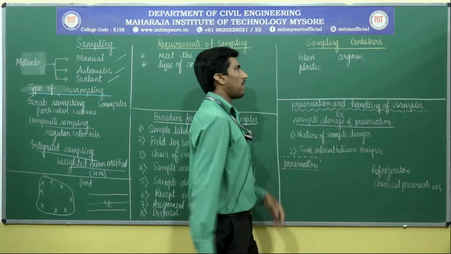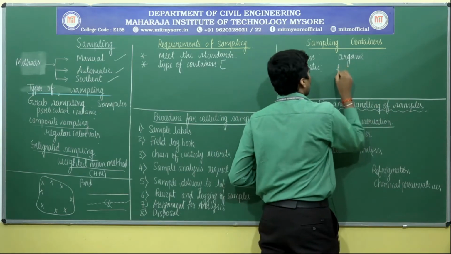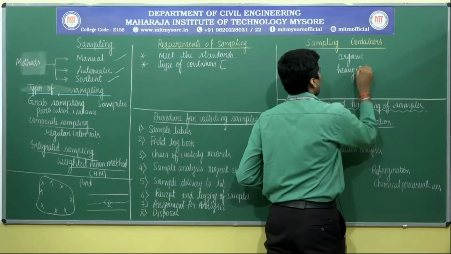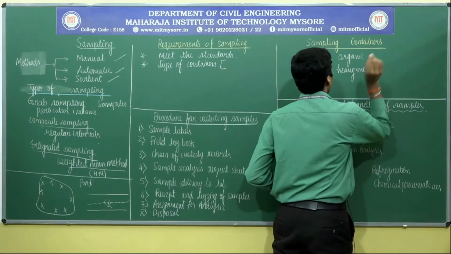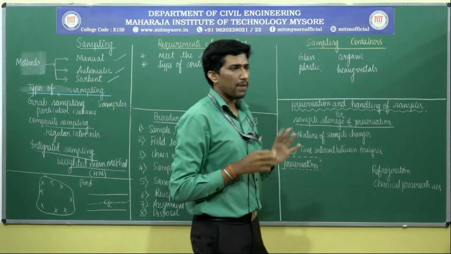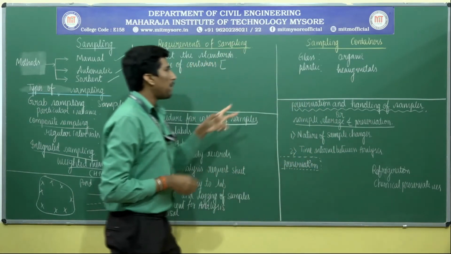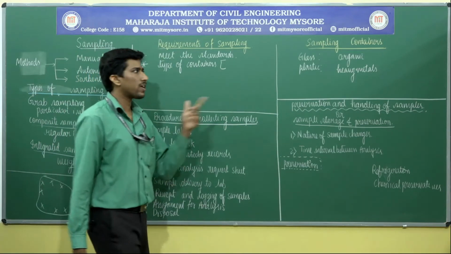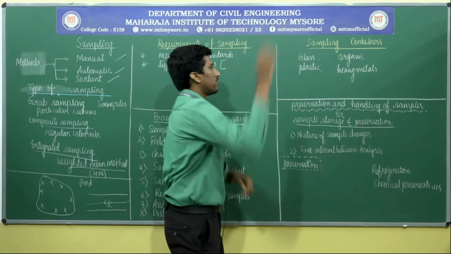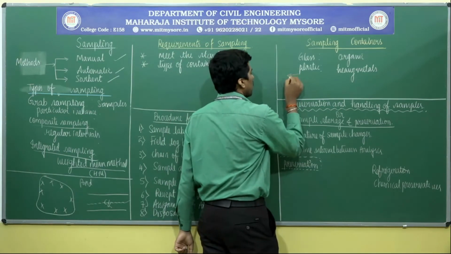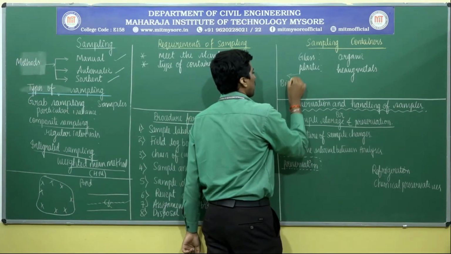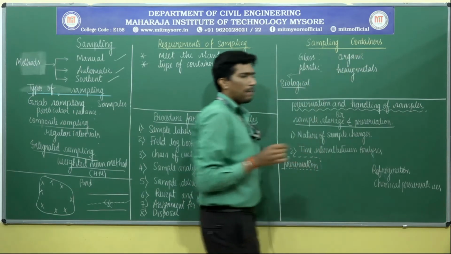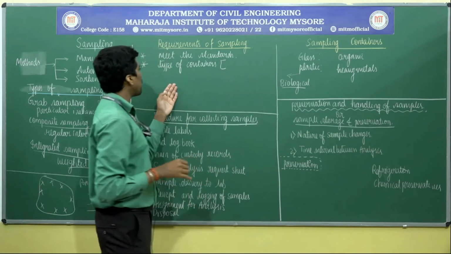And for the heavy metals, we use plastic. Make sure of that. All the sampling containers have to be sterilized if they are used for the biological part of the sampling. Obviously in the case of biological, we have different things. When I come to the sampling containers, I will explain the details.